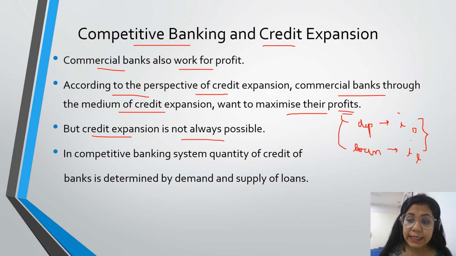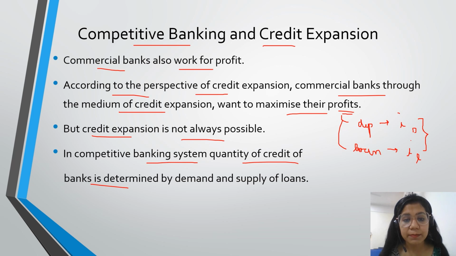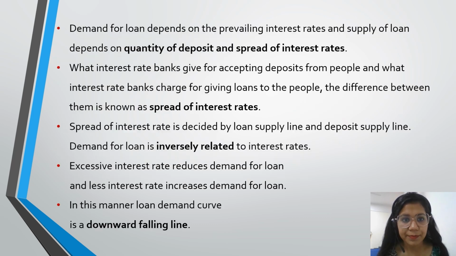So for expanding credit and increasing the profits, commercial banks plan their policies, demand and the supply parameters of the money markets. So in the competitive banking system, quantity of credit of banks is determined by demand and the supply of loans. So let's go to the next slide.